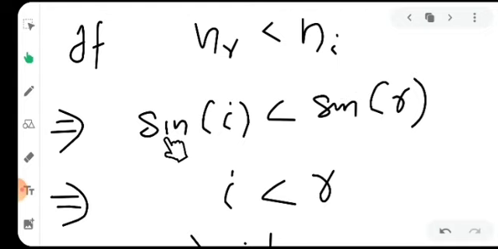As I pointed out, sine functions have this peculiarity: if sin I is less than sin R, it only implies that I must be less than R. So when does that occur?